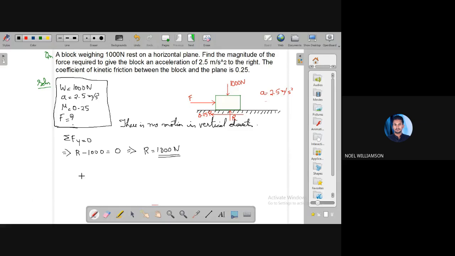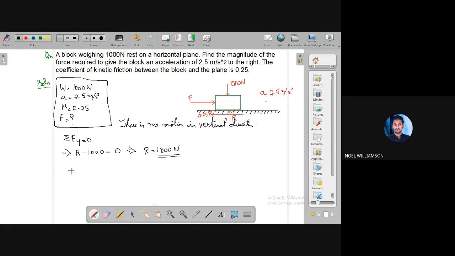Now we will consider the motion. In the x direction there is a motion, that is in the direction of force. Wherever there is motion, we will consider Newton's second law.